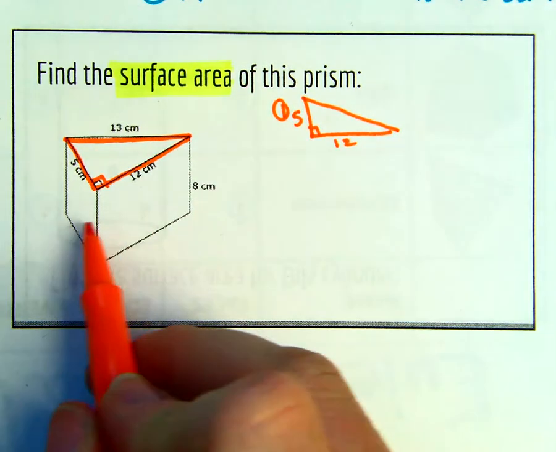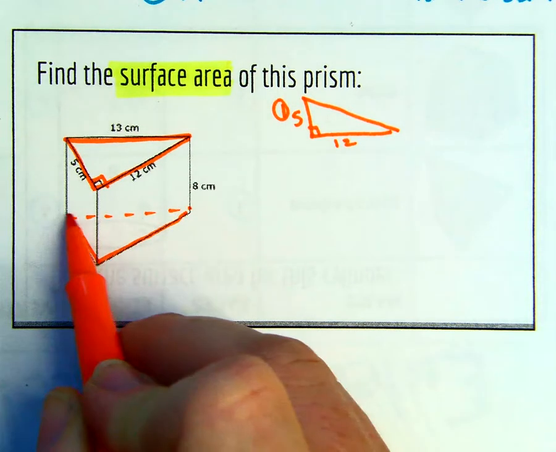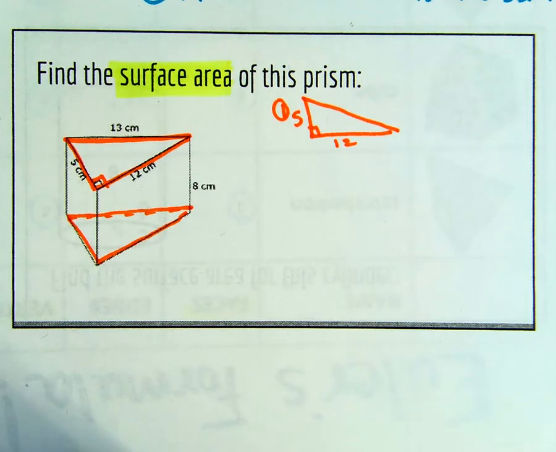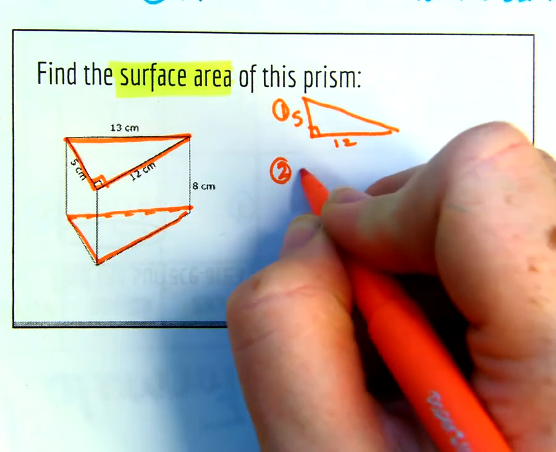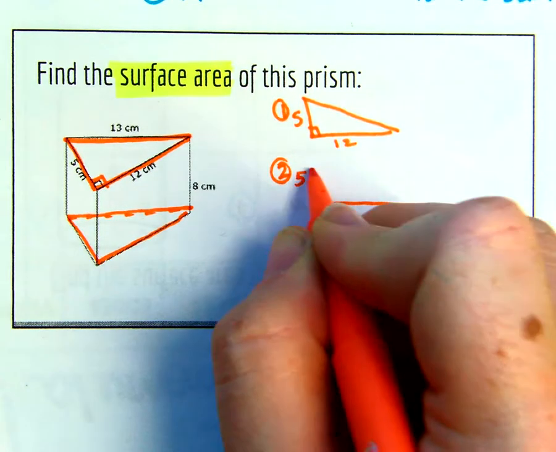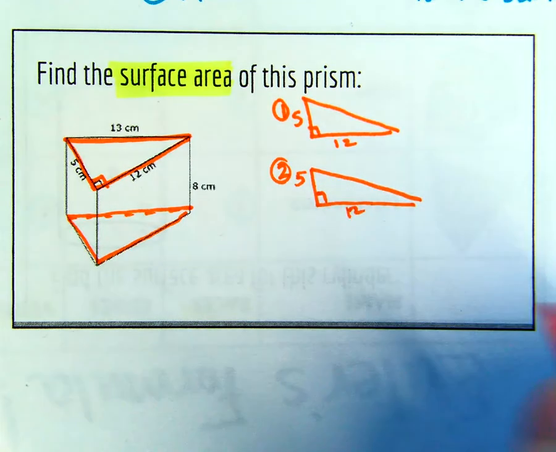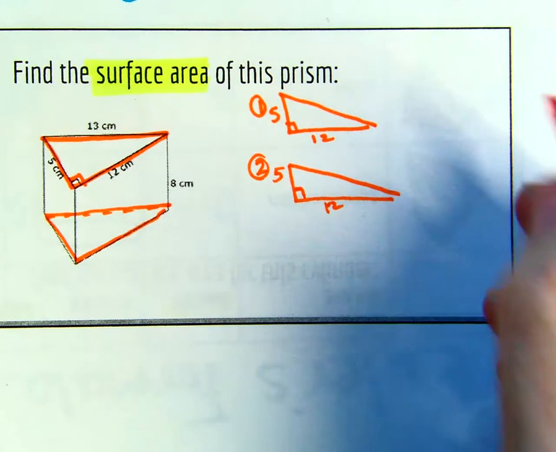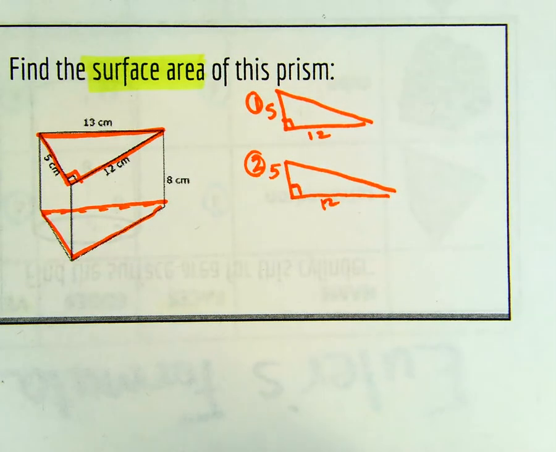Okay, and then there's another one of these that I'm not seeing because it's sitting on top of it. It's down here. Okay, so there are actually 2 of these right triangles that have a height of 5 and a side of 12, right? So to find the area of a triangle, of course, I'll do base times height divided by 2. And I'll do that in just a minute.